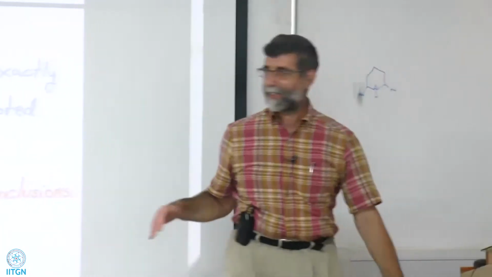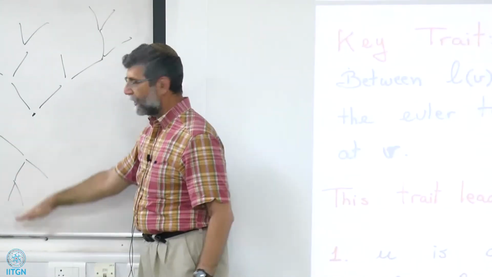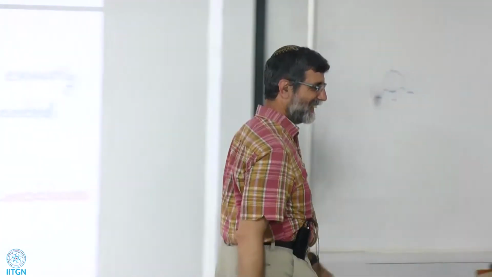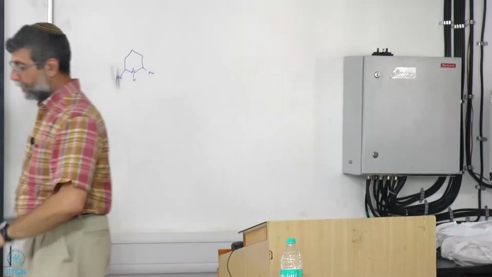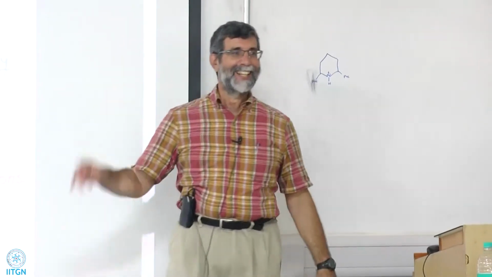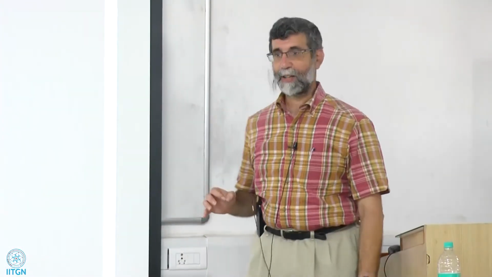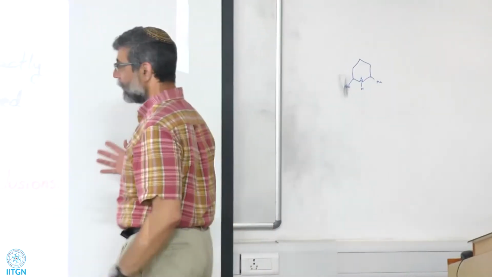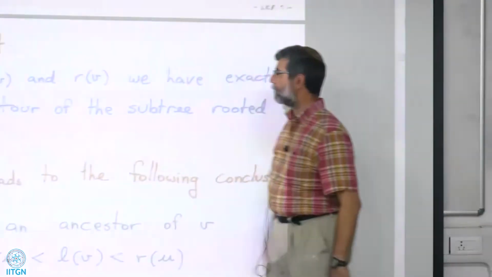So this is the depth. The depth starts at 0 here and goes down. But all the stories aside, the key trait that we care about is the following. We have an LV and we have an RV.